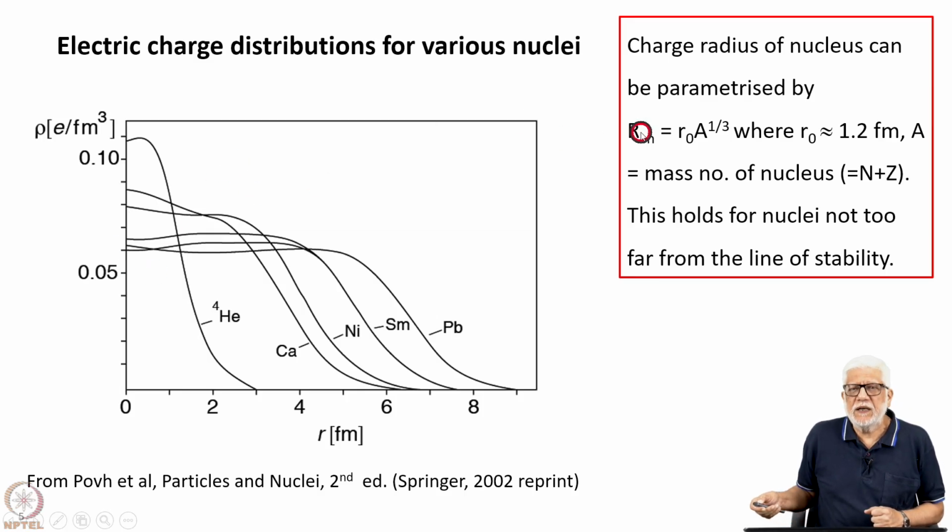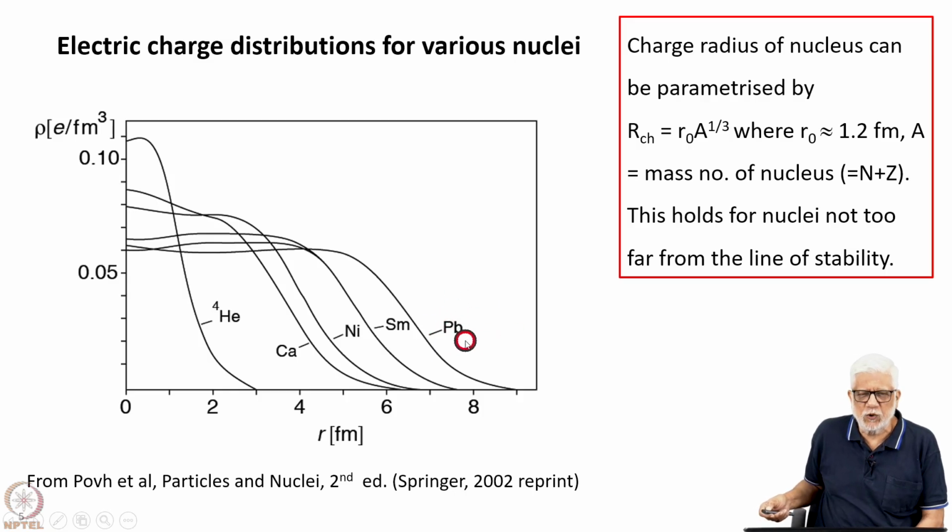The charge radius goes like r 0 times A to the 1/3, and r 0 is of the order of about 1.2 Fermi. So, if I have A equal to, let us say, 216, then A to the 1/3 is 6, so this is about 7 Fermi. Lead is close to 216, there is actually a series of isotopes 204 to 208, but you can see that the half radius is of the order of 7 Fermi or so.